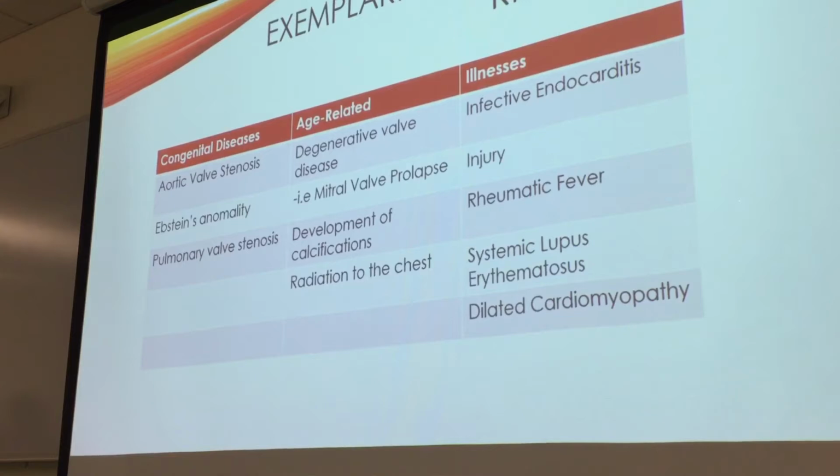So if you do have atherosclerosis, you're at risk for calcifications developing on your valves as well. Illnesses, infective endocarditis, we'll talk about a little bit later, rheumatic fever as well, but also any injury, dilated cardiomyopathy can cause valve-related issues.